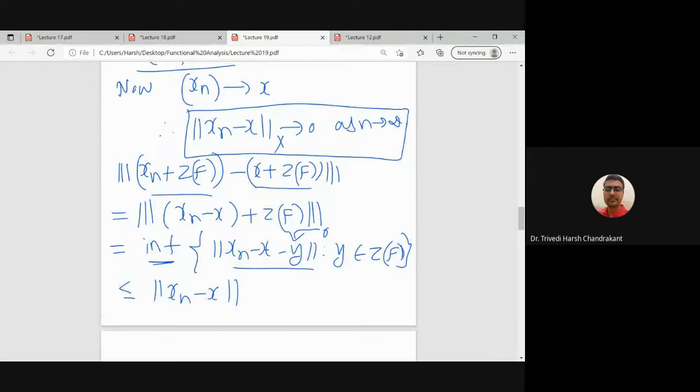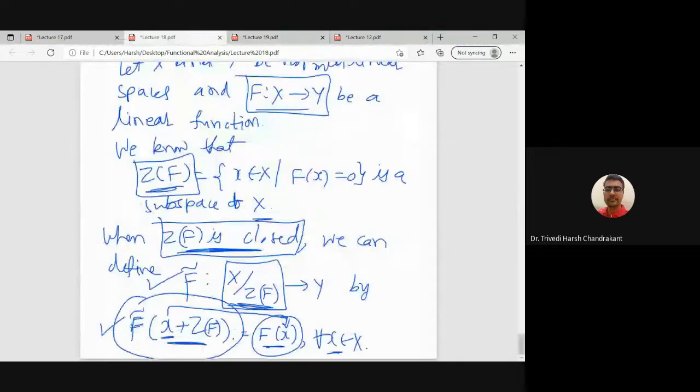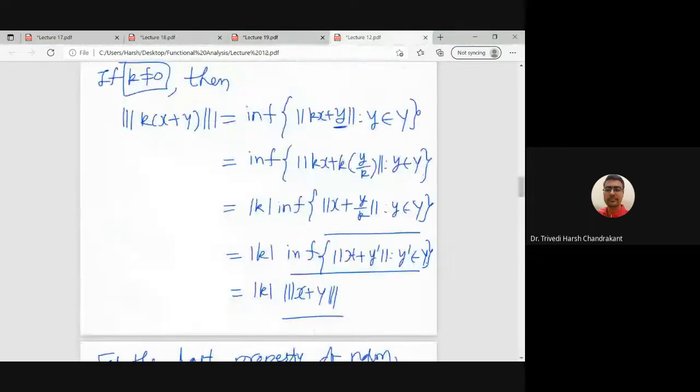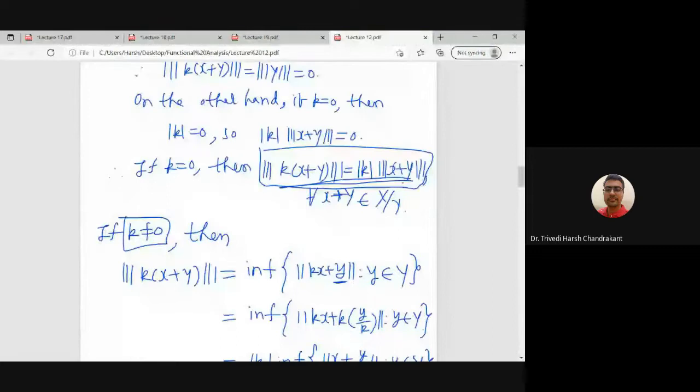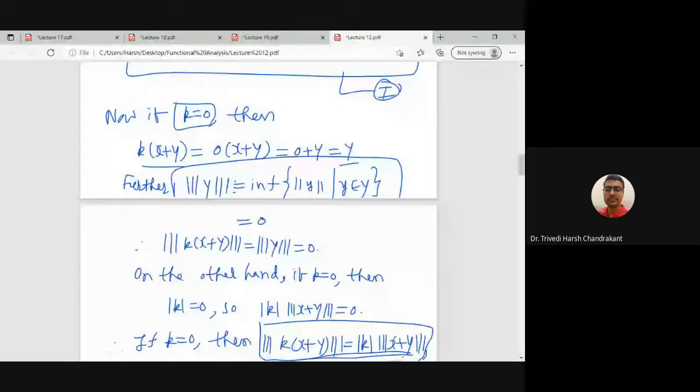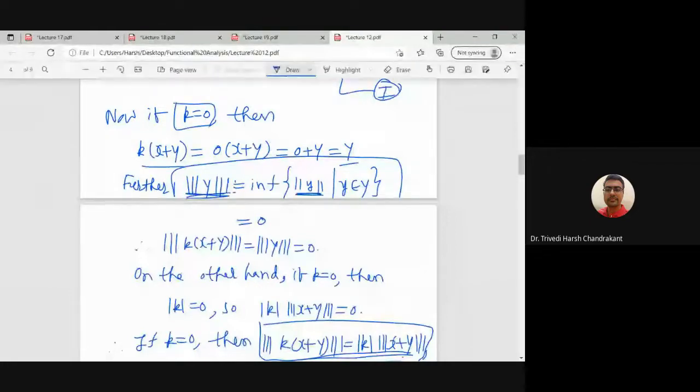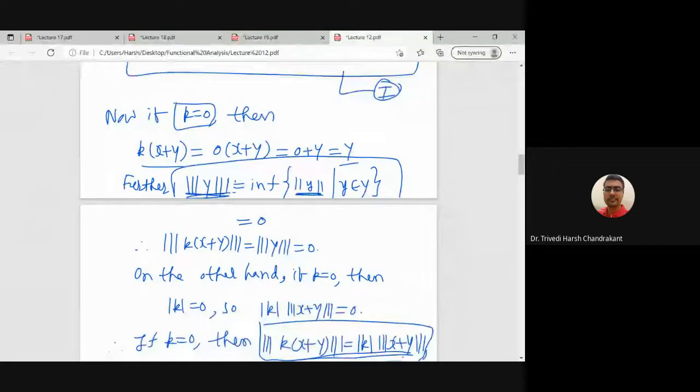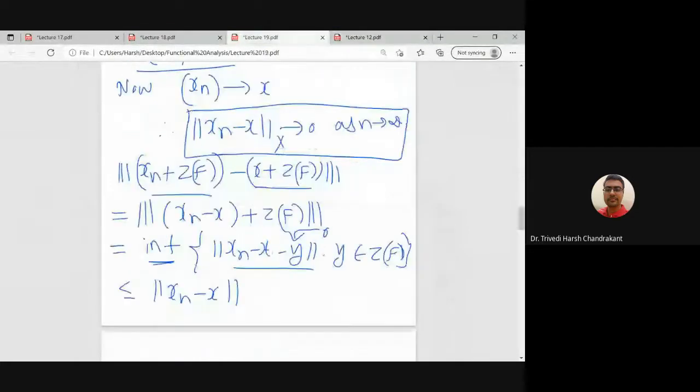So this is the result which we are going to use every time, and that is true in fact for all subspaces M, because the norm of y is less than or equal to the norm of y for every element y in capital Y. So that property we are using here.